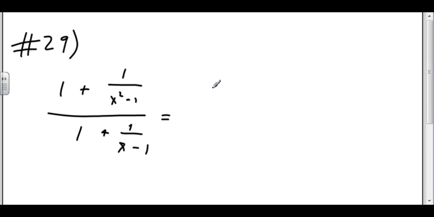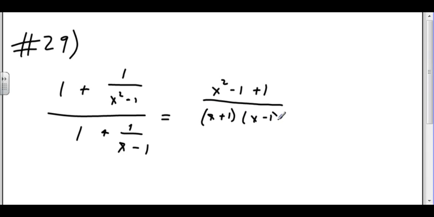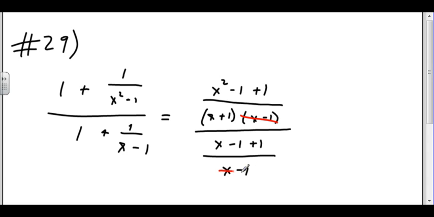So I'm going to have x squared minus 1 plus 1 divided by x plus 1, x minus 1. Well, I won't invert and multiply yet because I'd probably mess it up. So here we've got x minus 1 plus 1 over x minus 1. Okay, so I can get rid of him, I can get rid of him.